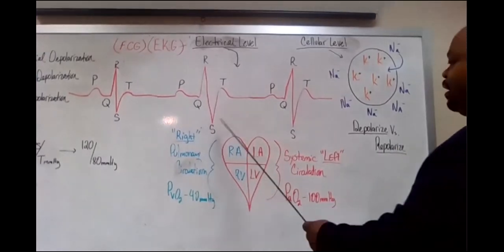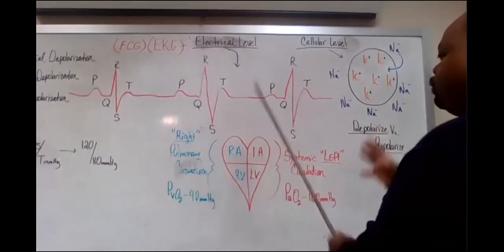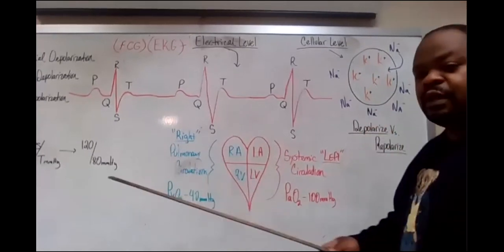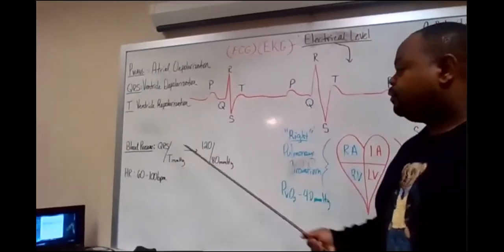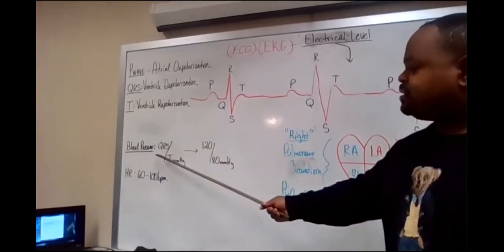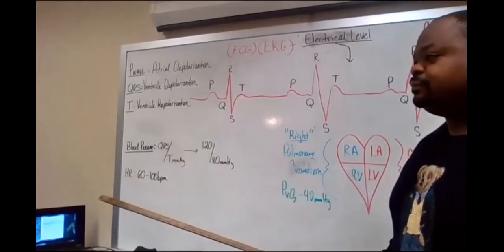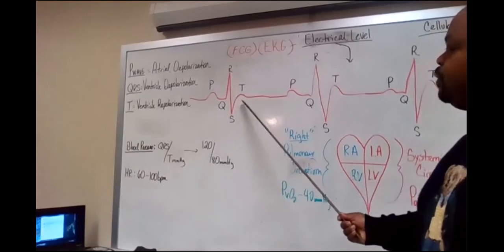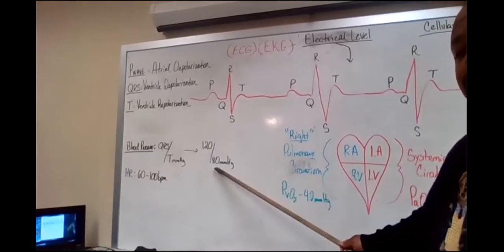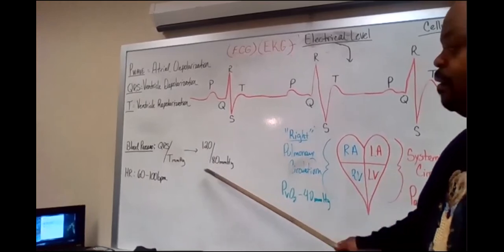Don't forget that. You've got a right side and a left side, and doing its physical thing, it gives me a blood pressure of 120/80, so I can say QRS over T, right? Because the T wave is repolarization, and the pressure at repolarization is 80 millimeters of mercury when the heart is relaxing.